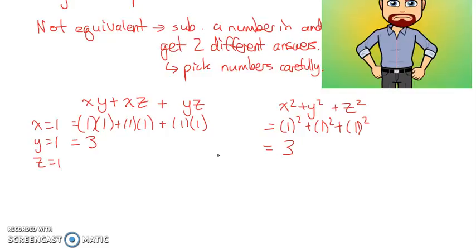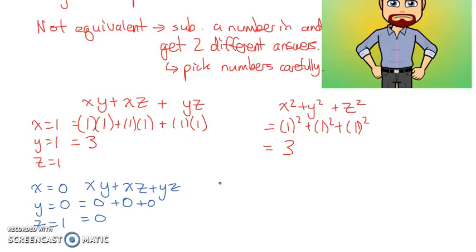They are not. Because if instead of choosing those numbers, we decided to choose, let's say, x equals 0, y equals 0, and z equals 1, we would clearly be able to see that xy plus xz plus yz would be equal to, well, x times y would be 0, and then x times z would be 0, because x is 0, and then y times z would again be 0.